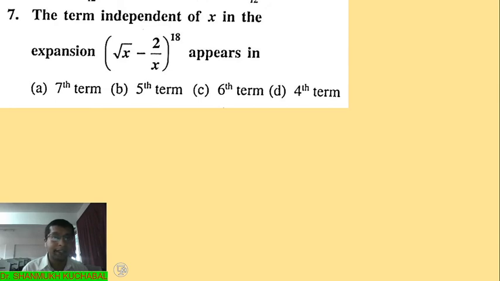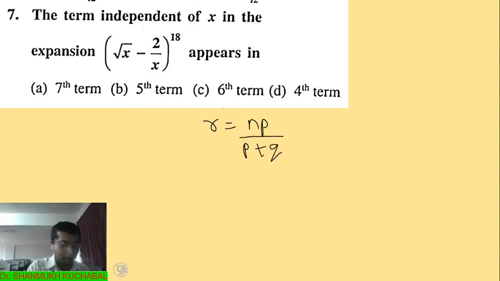The term independent of x in the expansion of root x minus 2 by x raised to 18 appears in, we have to calculate 7th, 5th, 6th or 4th term. So for the independent term we will take the r expression, r equal to np divided by p plus q.